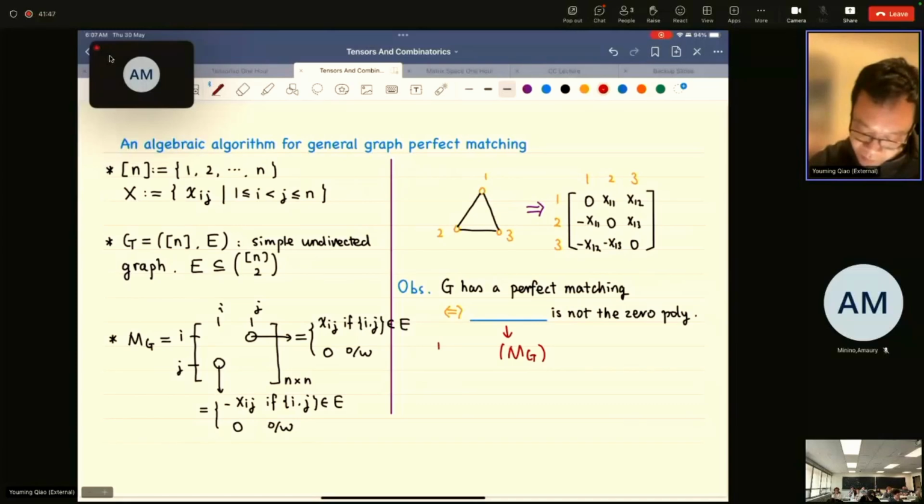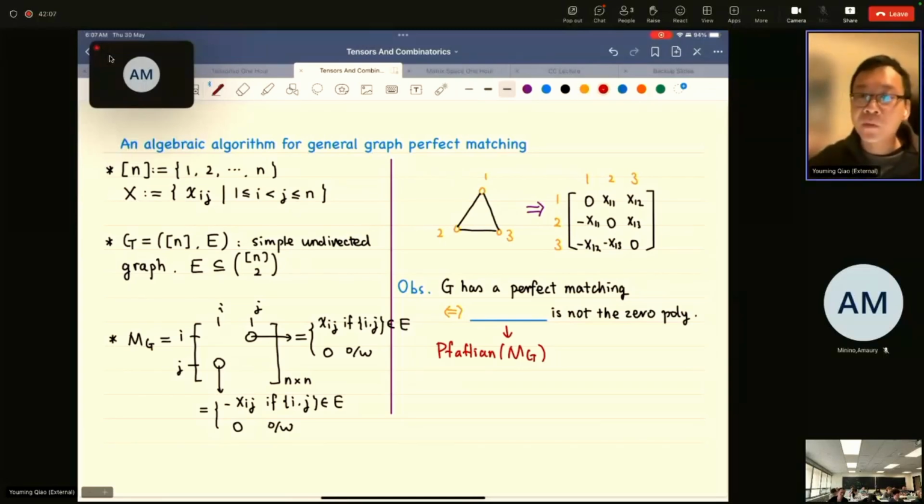Essentially here we are talking about the Pfaffian. So mainly the observation here is that a general graph has a perfect matching if and only if the Pfaffian of Mg is not the 0 polynomial.